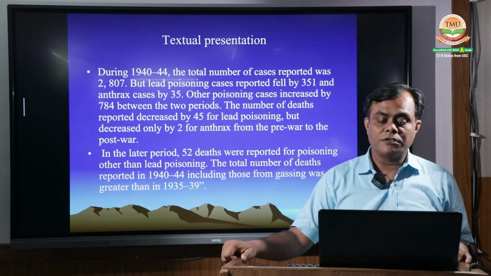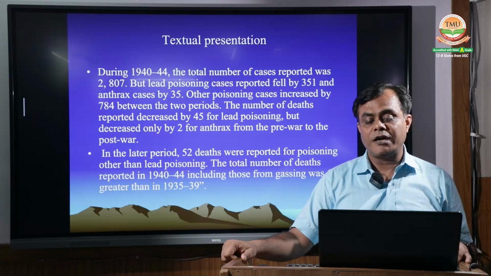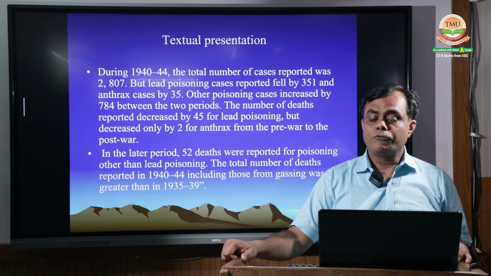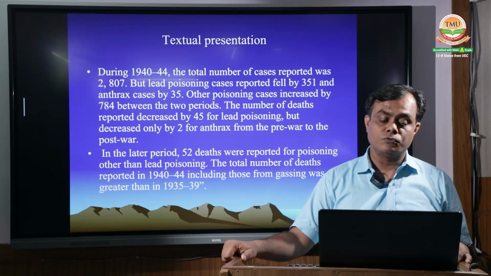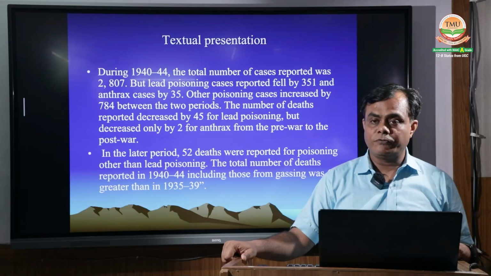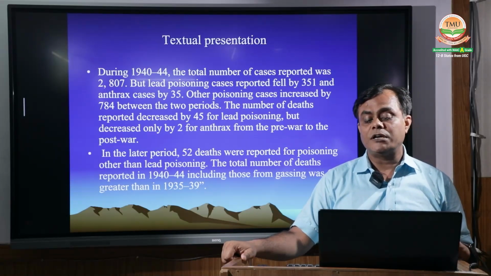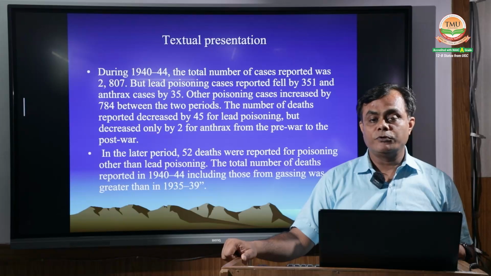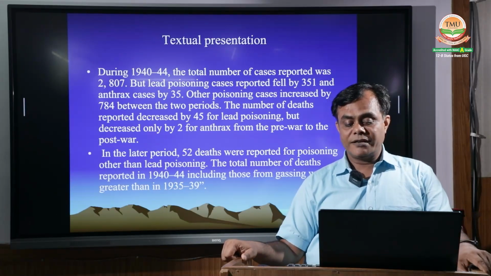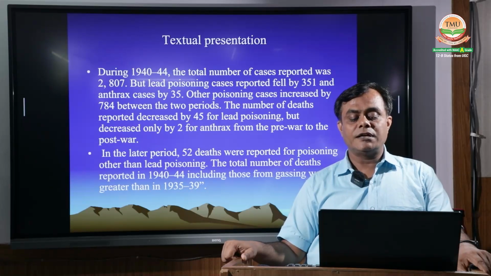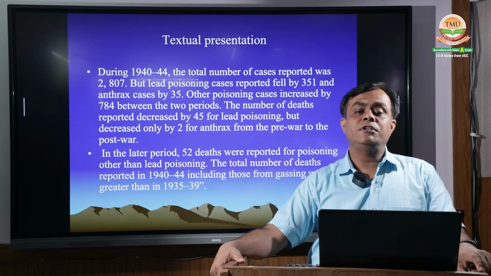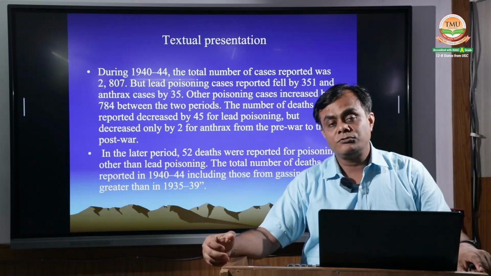The number of deaths reported decreased by 45 for lead poisoning, but decreased only by 2 for anthrax, from the pre-war to the post-war period. In the latter period 52 deaths were reported for poisoning other than lead poisoning. The total number of deaths reported in 1940 to 44, including those from gassing, was 64 greater than in 1935 to 39. In this way we can describe information in a textual format.